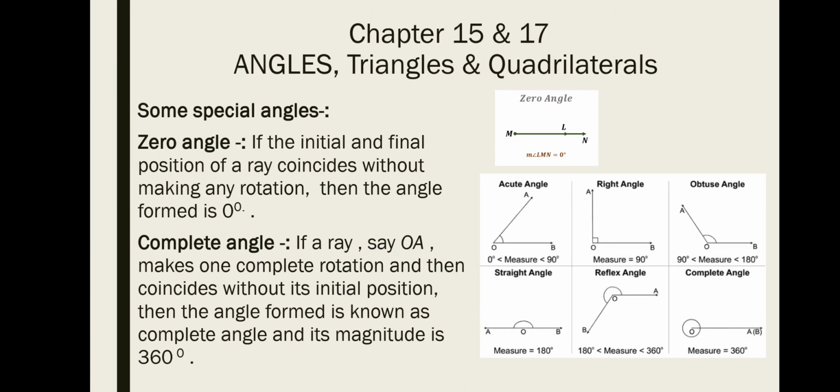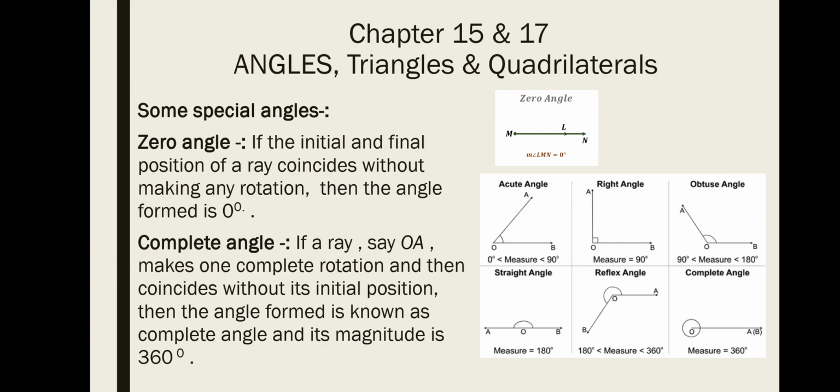Some special angles, like zero angle. You can see in this picture the zero angle, which is formed by the rays ML and MN, and we can name it as angle MLN. So zero angle: the initial and final position of the ray, there are two rays here, ML and MN, okay? So these are coinciding with each other to form a 0 degree angle.